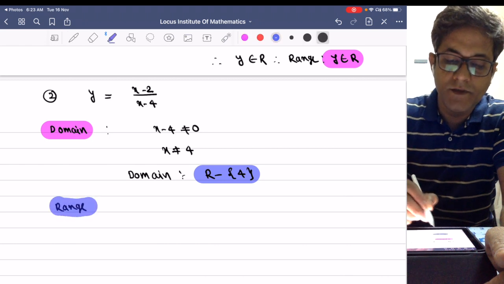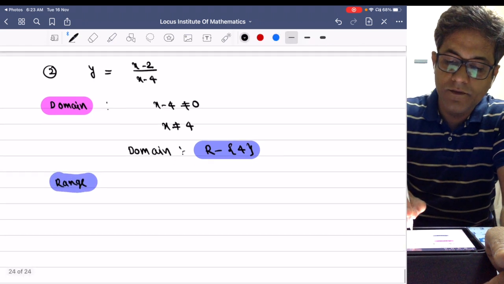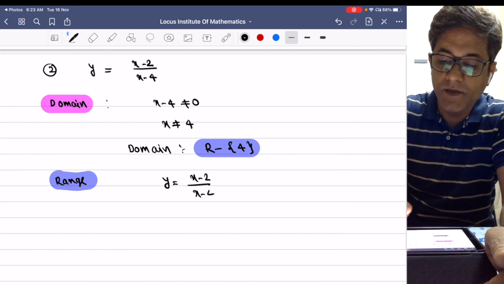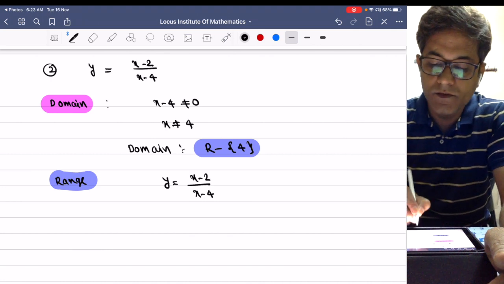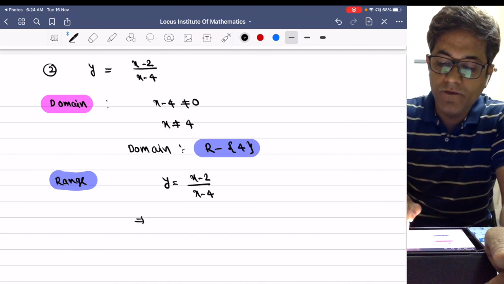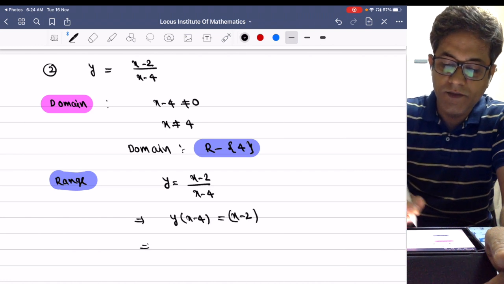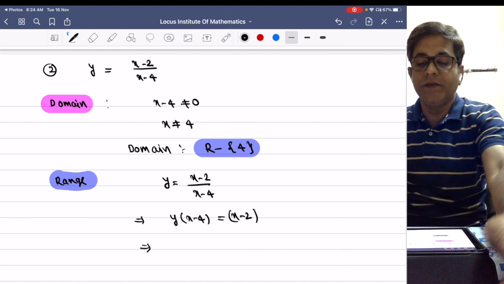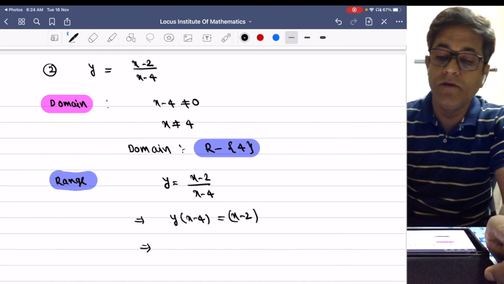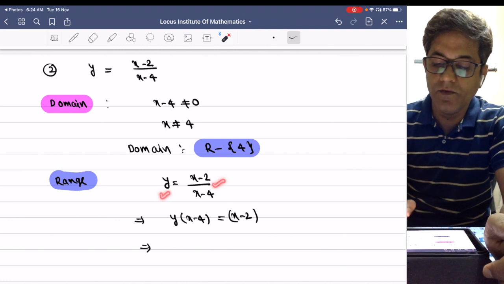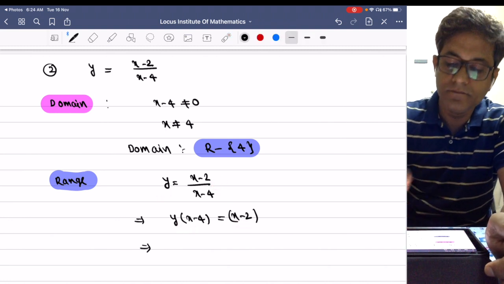So to find the range of the function, let y is equal to (x minus 2) over (x minus 4), which is given. So cross multiply. Therefore y into (x minus 4) is equal to x minus 2. Now express x in terms of y. The given equation has y in terms of x. Now you express x in terms of y.